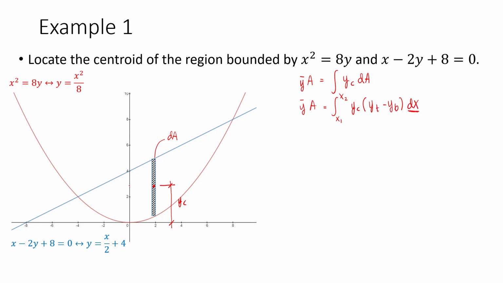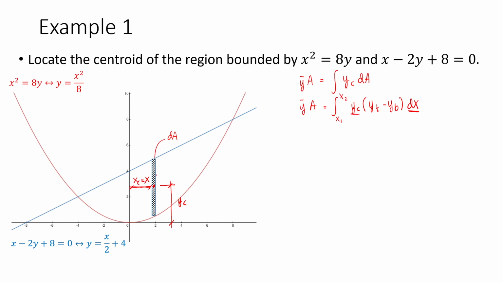Earlier, our x sub c was easy to determine because we need to translate our equations in terms of x, so it is directly the distance x. But for y sub c, we cannot use the y variable because our integral on the right side is integrating with respect to x. So we need to shift your y sub c in terms of x.